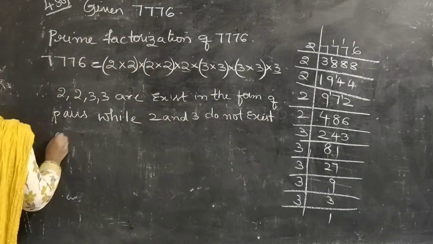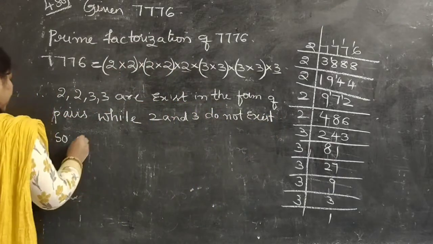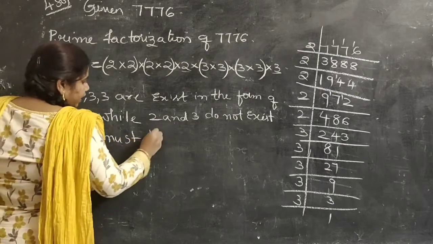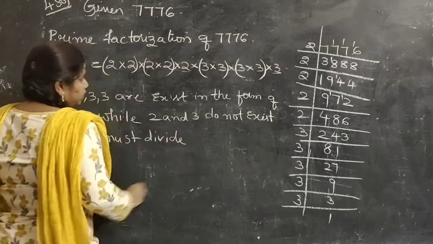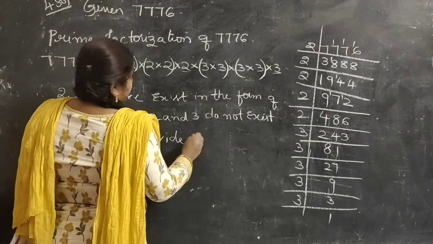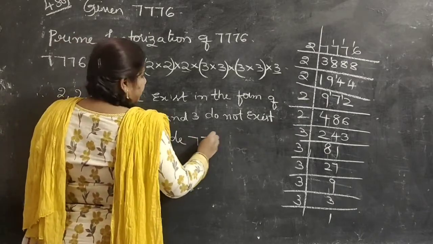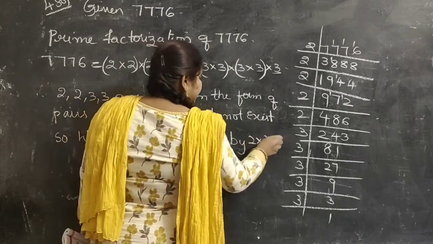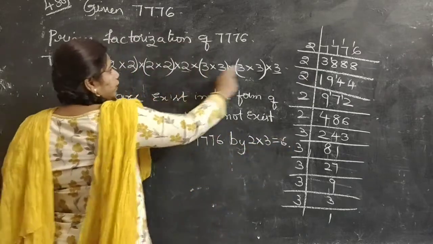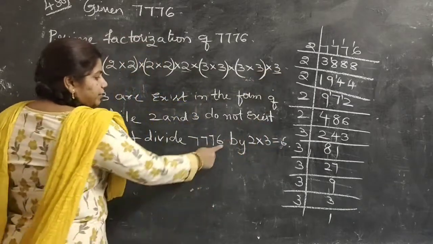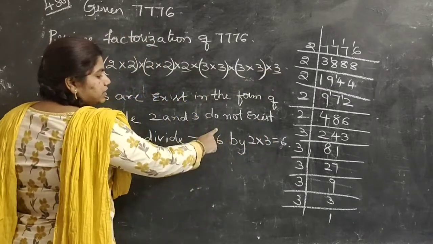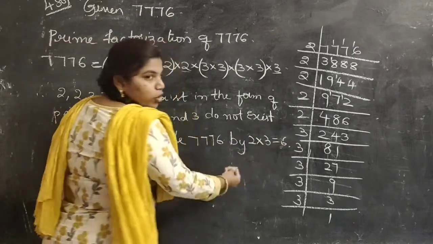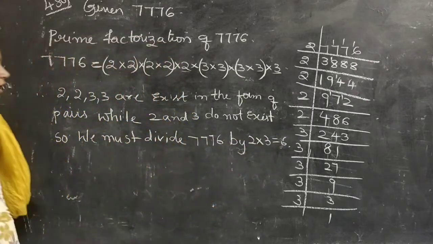So we must divide 7776 by 2 into 3, that is equal to 6. So 2 into 3 is equal to 6. So we are dividing this 7776 by 6. So if you divide this number by 6, what will the result be? That will be a perfect square.